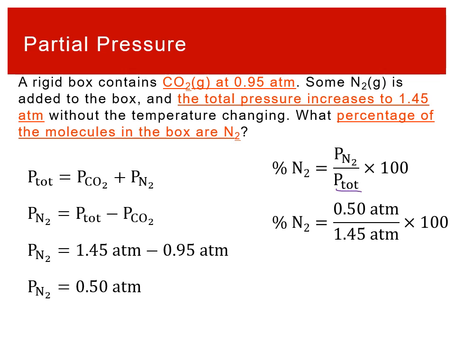So we can plug it in, 0.5 atmospheres for the N2, 1.45 for the total, and we find that the percentage of N2 molecules is 34%. So in this mixture, 34% of the molecules are N2. We can also figure out, based on the fact that they have to add up to 100, that the percentage of CO2 molecules is 66, right? They have to add up to 100% because they're the only two gases in this mixture.